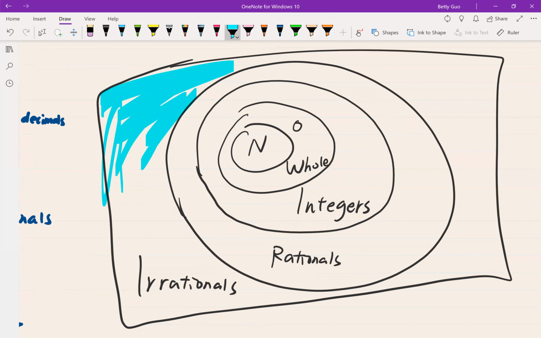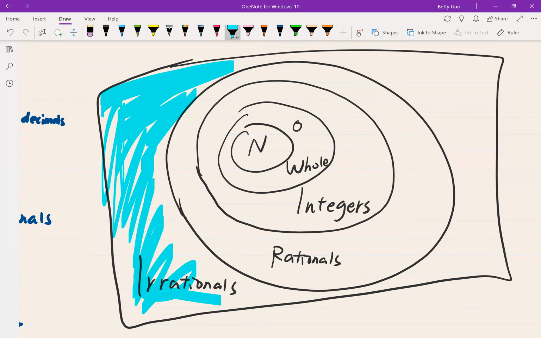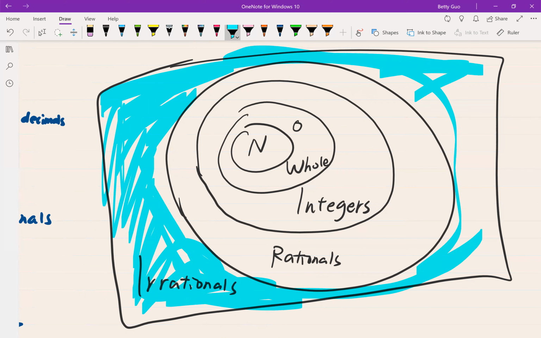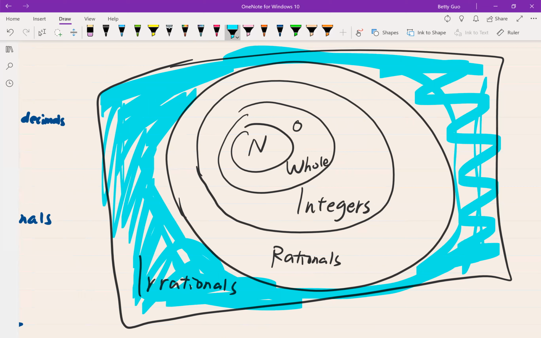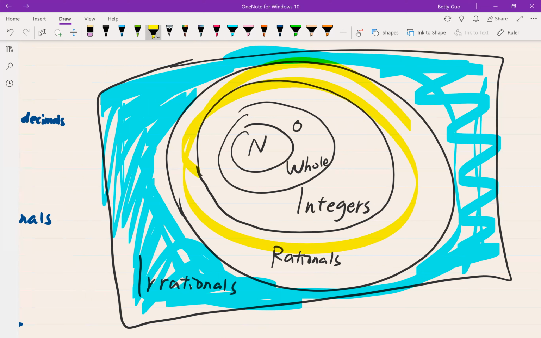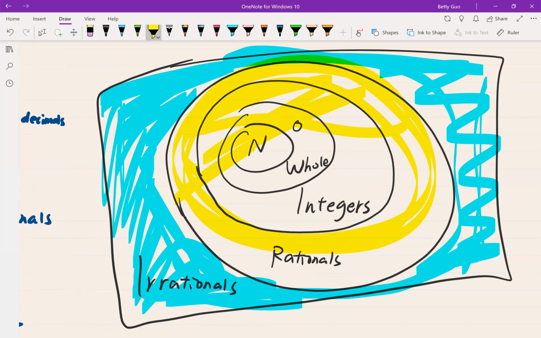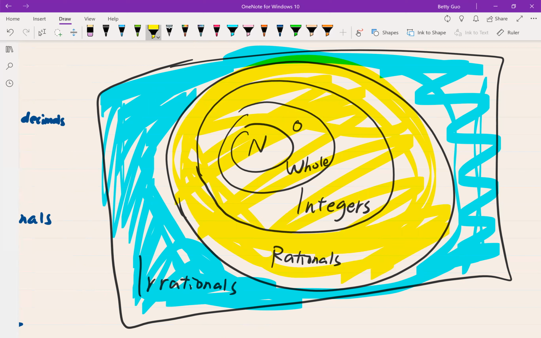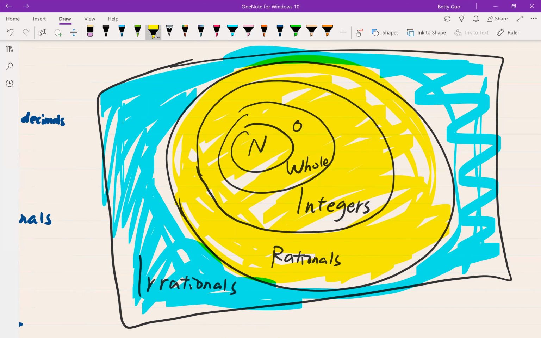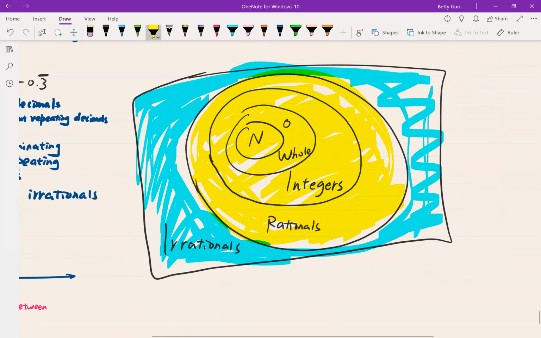This blue region represents irrational numbers. And the yellow region, the biggest circle, represents the rational numbers. Obviously, they do not overlap, right? They are disjoint. So when we put them together, they make a set.